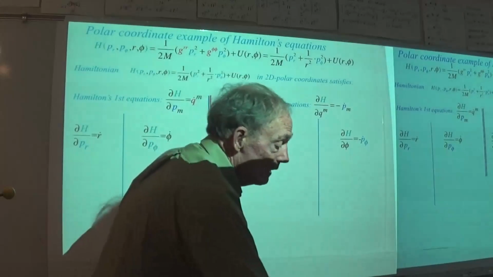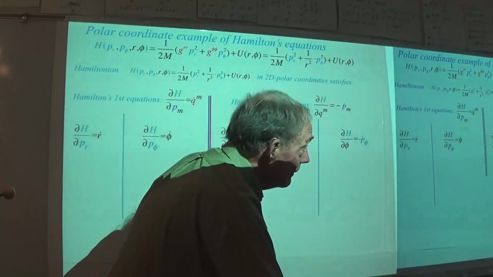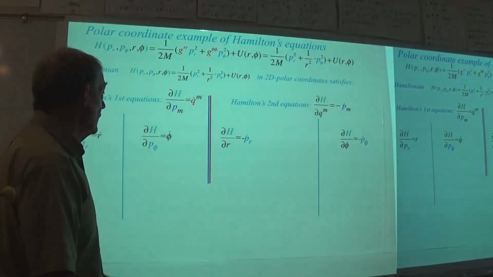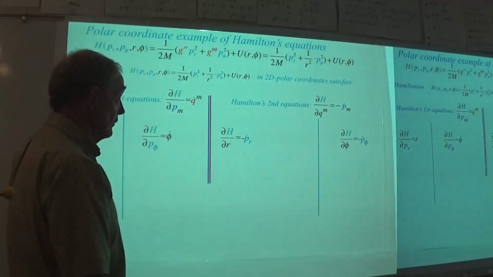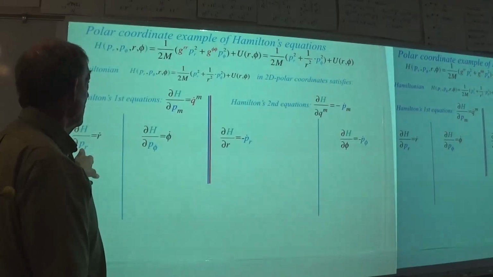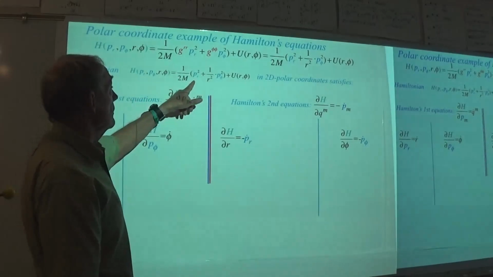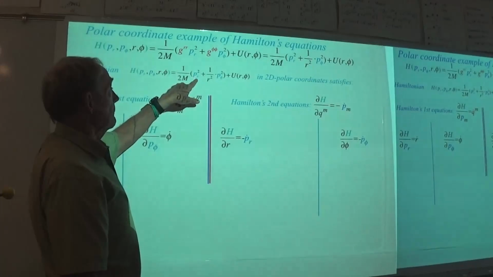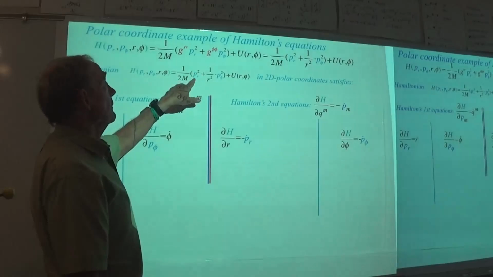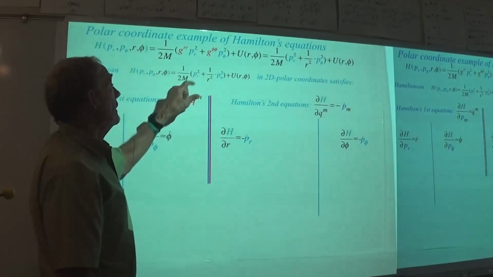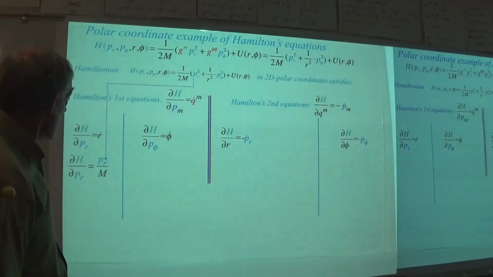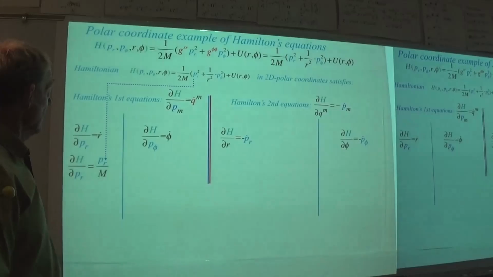There's the equations that each of those gives. So it's going to just be a matter of taking some partial derivatives for the first part of this. So when I look in there for the partial derivative of the Hamiltonian with respect to pr, it's pretty easy. I'm going to be getting a partial derivative of something squared, so it's 2 times, and then I'm going to get this into the first power, and that is going to give us this little deal right here.